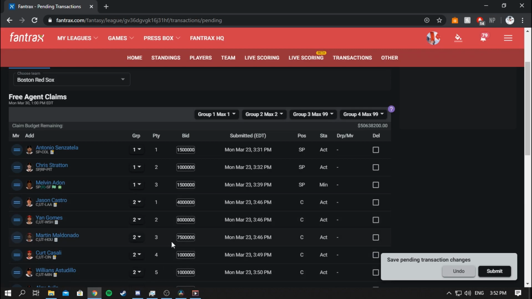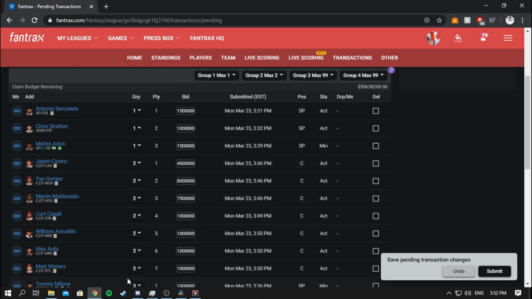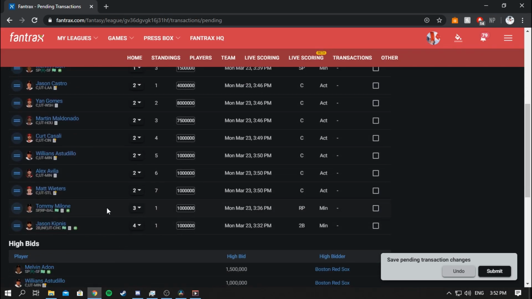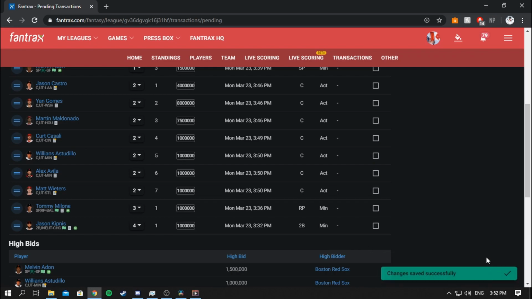Another thing to be aware of is the computer will not try your group 1 first, and then your group 2 second, and then your group 3 third. Just because they're in that order on your screen, on your team, doesn't mean that that's what order they are on someone else's screen. So be aware that it could be trying to get you Tommy Milone first. Well, it kind of works simultaneously.